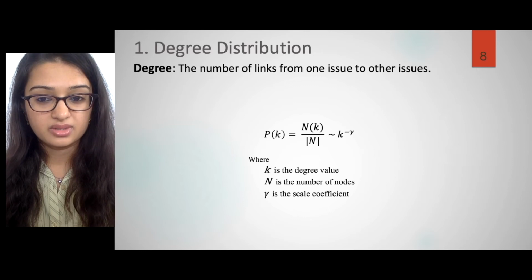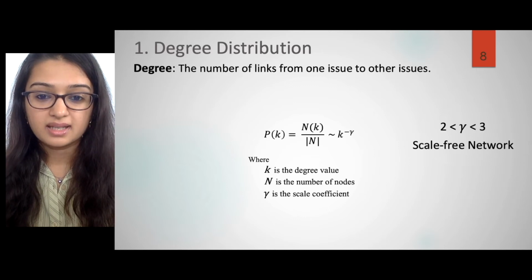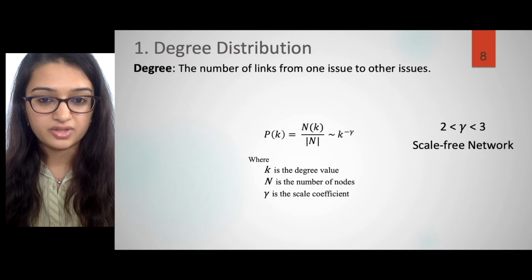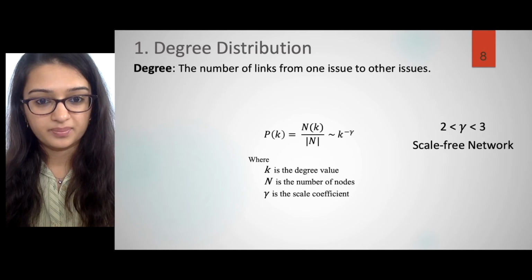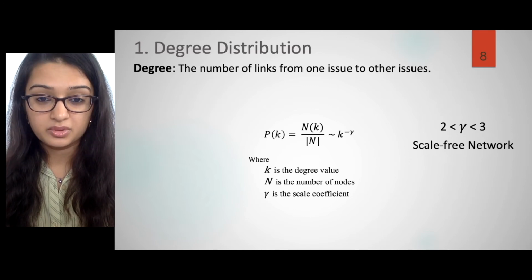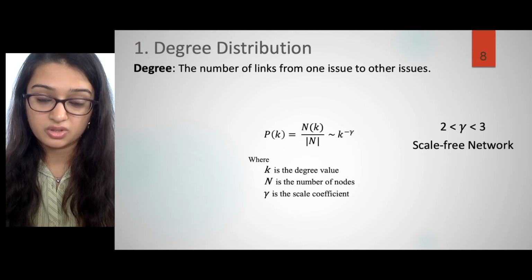Prior work has also discovered that when this exponent value, called the scale coefficient, lies between a value of 2 and 3, these networks are said to be scale-free. And this is visible in other domains, such as social networks.